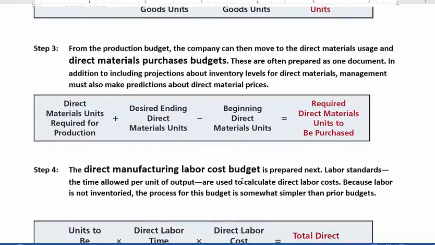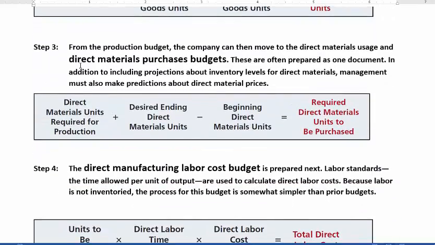All right, so step 3, we're going to produce the direct materials purchases budget. This is where we calculate out the number of items that we need in order to manufacture our widgets. These are often prepared as one document.